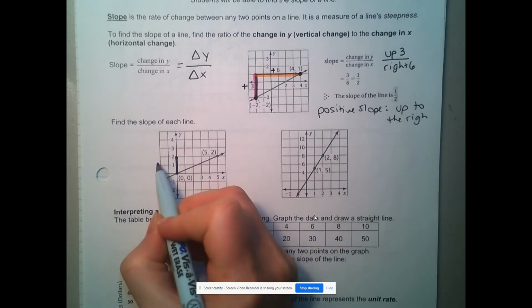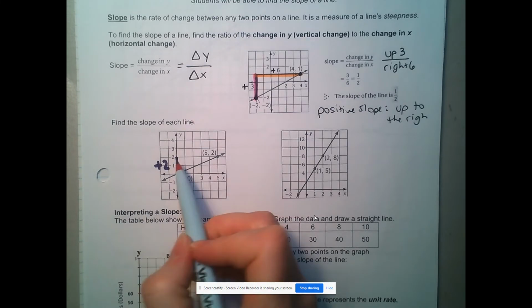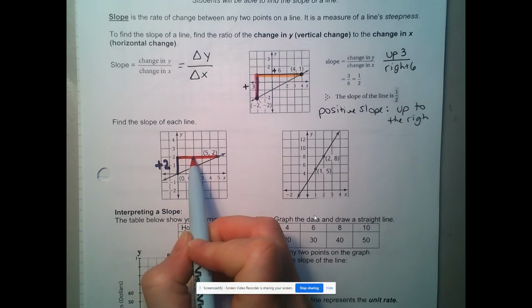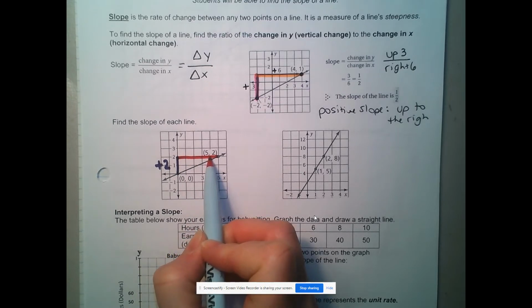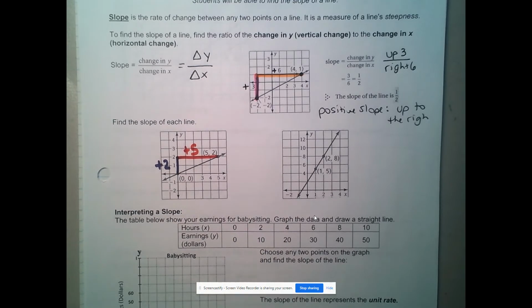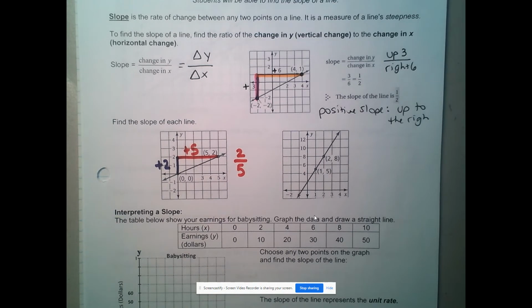So I went up 2, and then I'm going to move from there right 5. Here I am, 1, 2, 3, 4, 5. So since I went up 2 and right 5, I'm going to say that the slope is 2/5. That's it. It's positive. Up was positive. Right was positive. The slope is a positive 2/5.